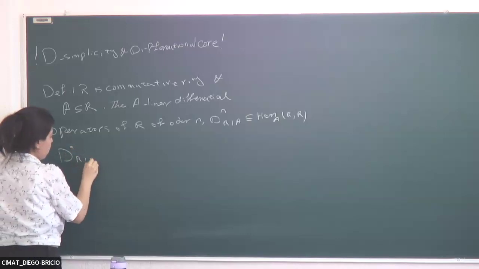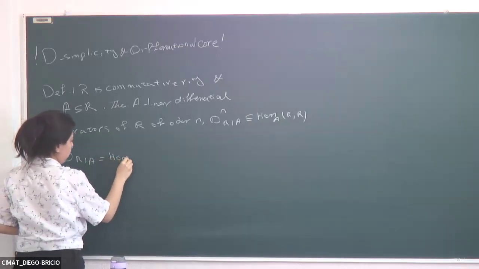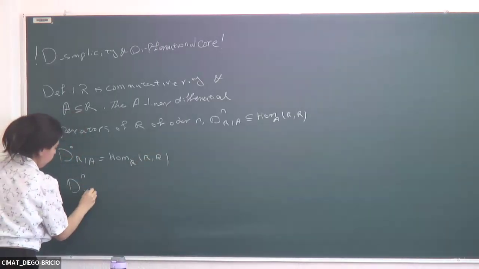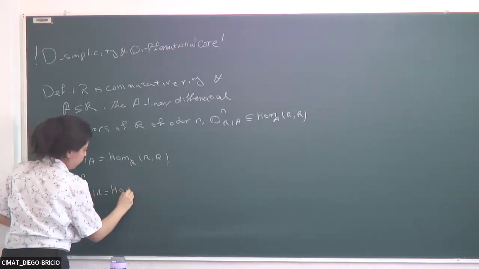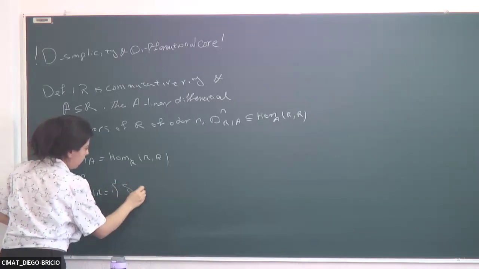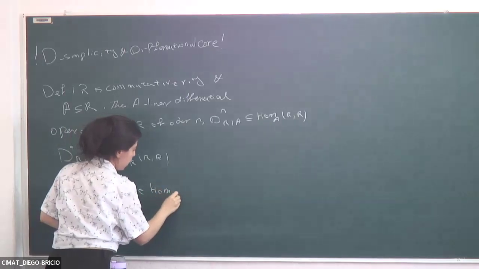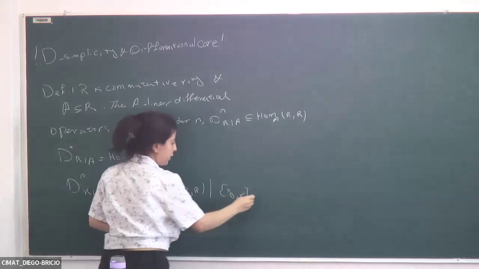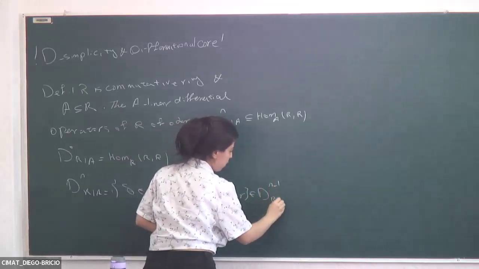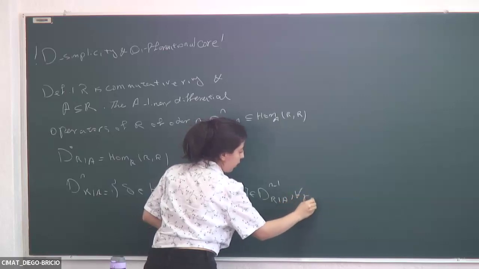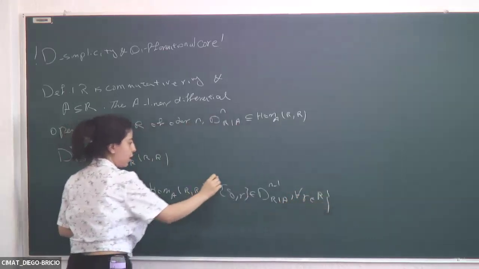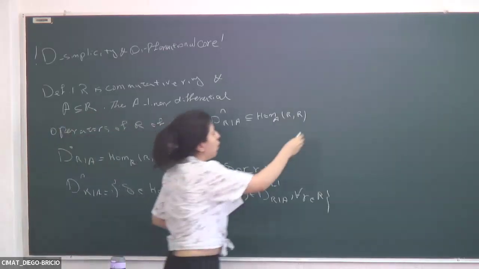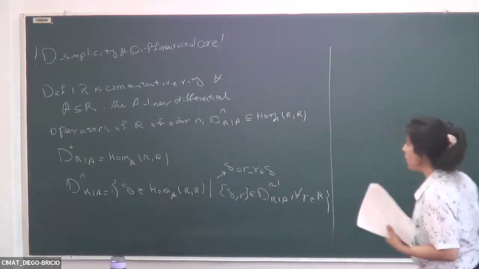D^0_{R/A} is equal to R, and D^n is the set of delta in Hom_A(R, R) such that we have this commutator in D^{n-1}_{R/A} for r in R. And by this commutator, I mean delta r minus r delta.